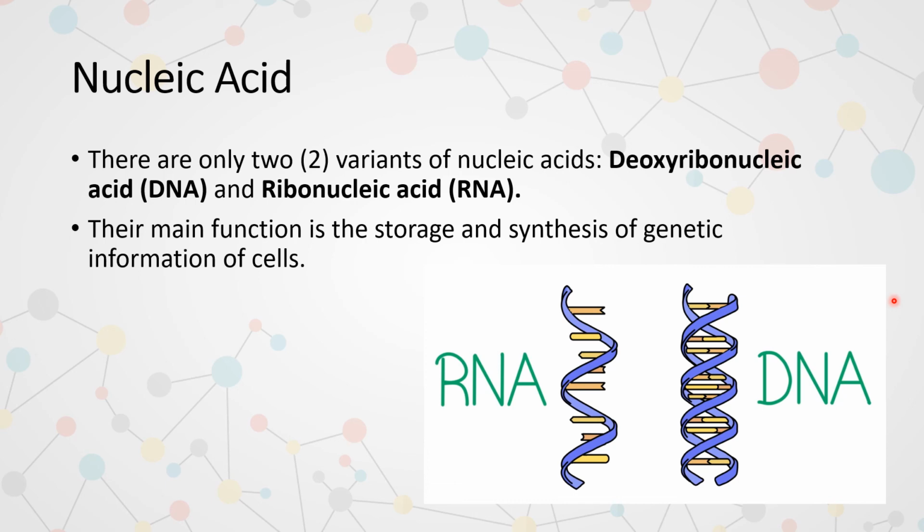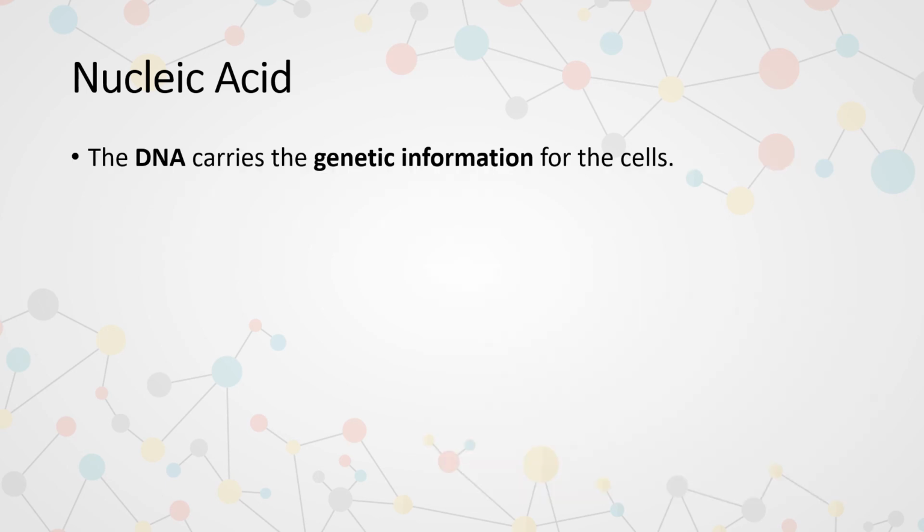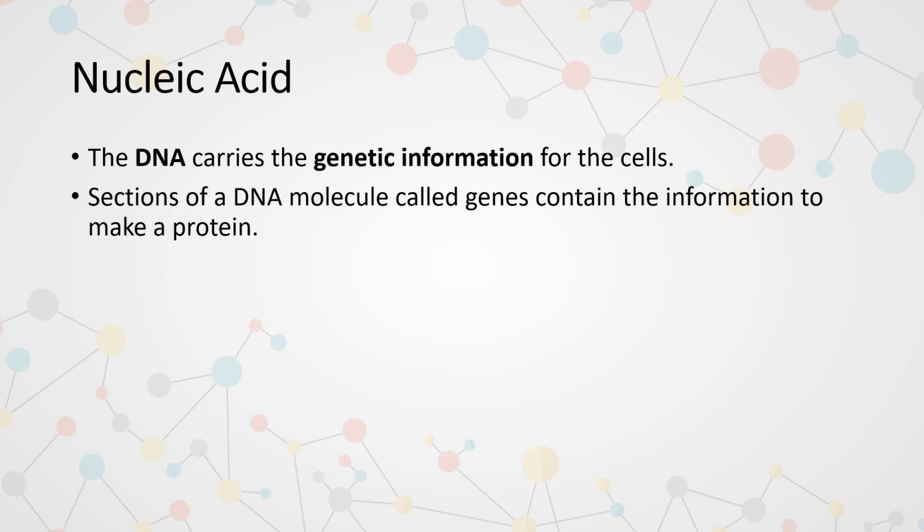If the cell is the basic unit of life, genes are the basic unit of heredity, and these genes are located in our DNA. DNA and RNA are considered to be nucleic acids, and nucleic acid is one of the main classes of organic compound. Okay, nucleic acid, the DNA carries genetic information for the cells. Sections of the DNA molecules called genes contain the information to make protein.